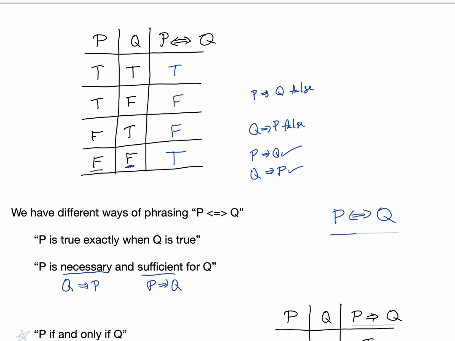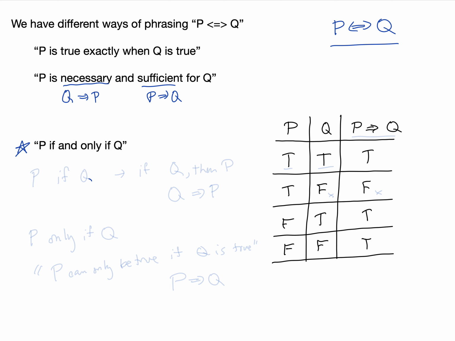Now let's break down this phrase that we're usually using, P if and only if Q. That's how we usually read this phrase out loud. So that's really in two pieces. So this is P if Q, and also P only if Q. So this P if Q, that's the if Q, then P part. So P if Q, then P. In other words, Q implies P. That's that piece of it.